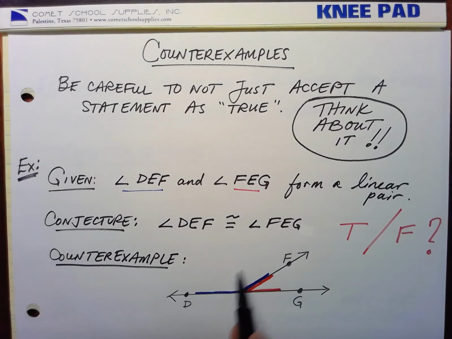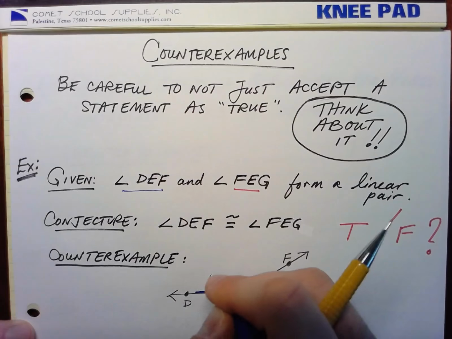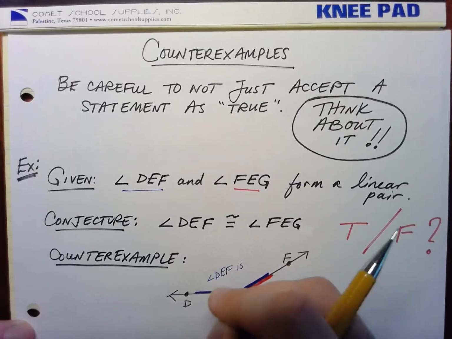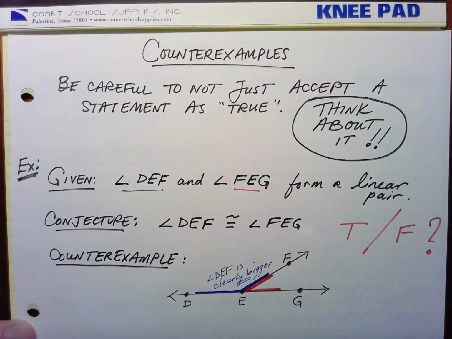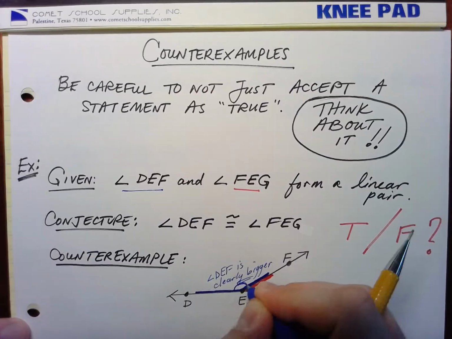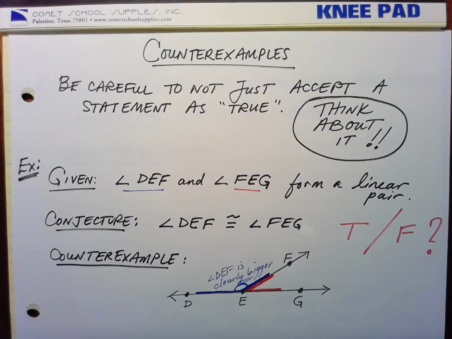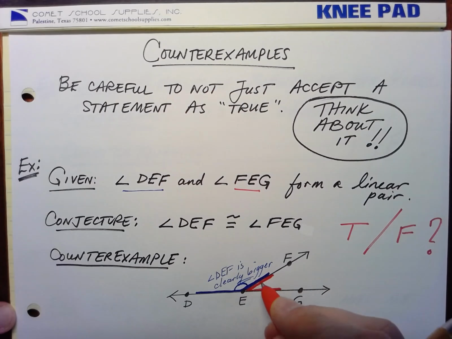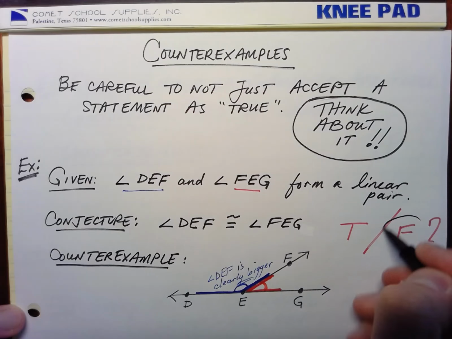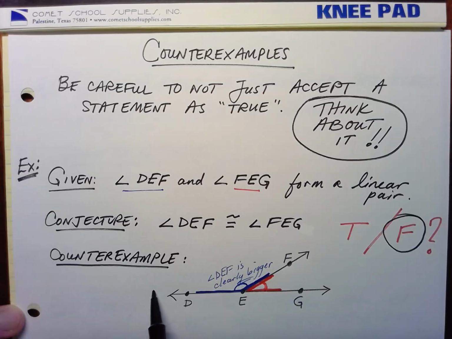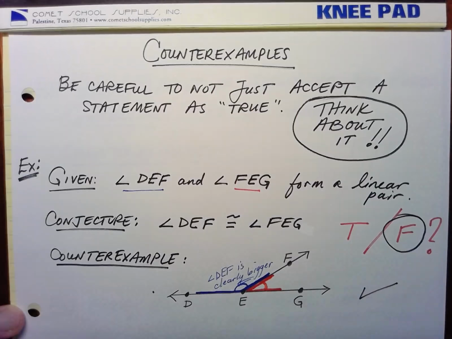This angle, DEF, the blue angle, is clearly bigger than the red angle FEG. So in fact, our conjecture is false, and here's a counterexample to disprove it. Now remember, we only need one counterexample and we are good to go. We don't have to waste any time looking for any more. We just need one.